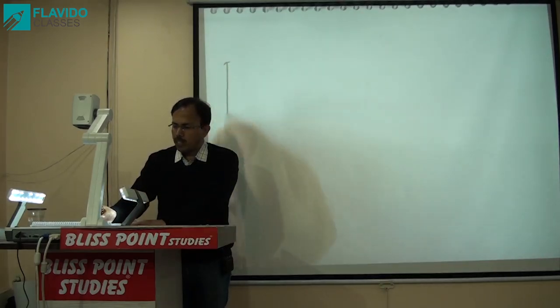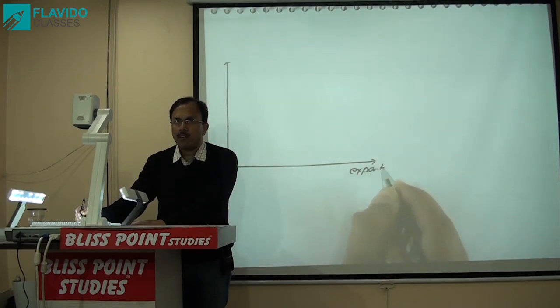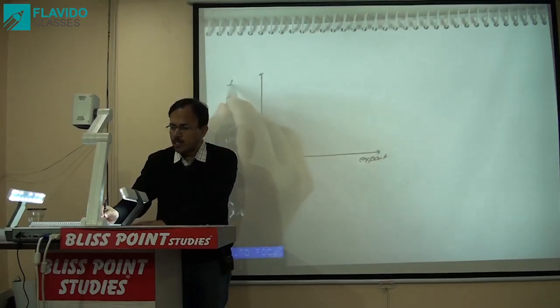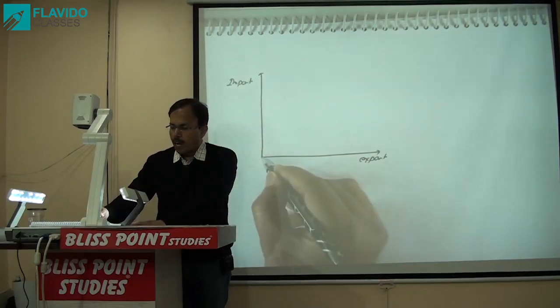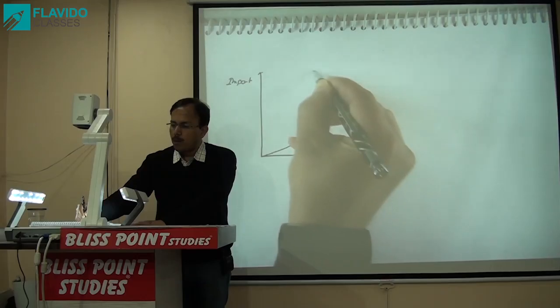So when you explain the offer curve, then you write export of good on the horizontal axis and import of good on the vertical axis, and the offer curve bends backward.